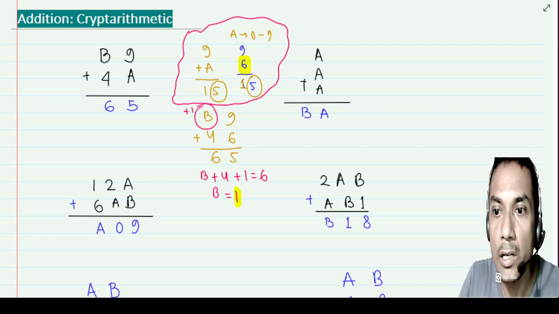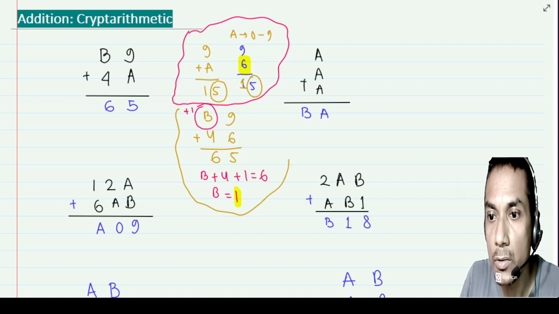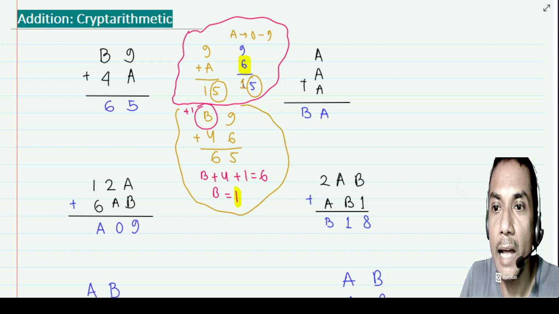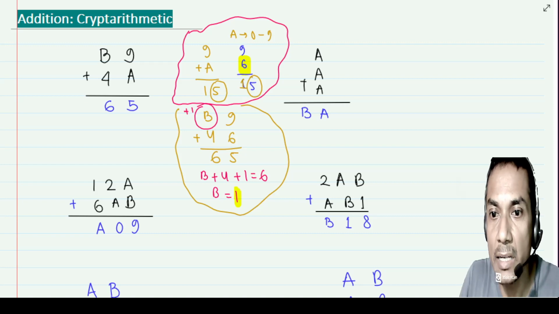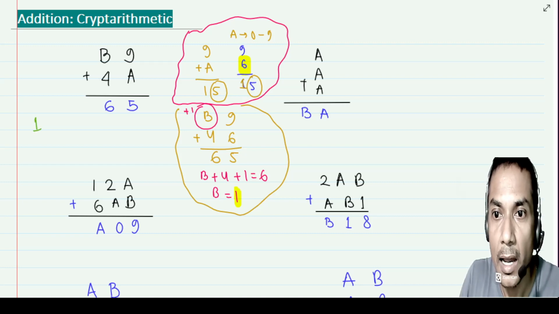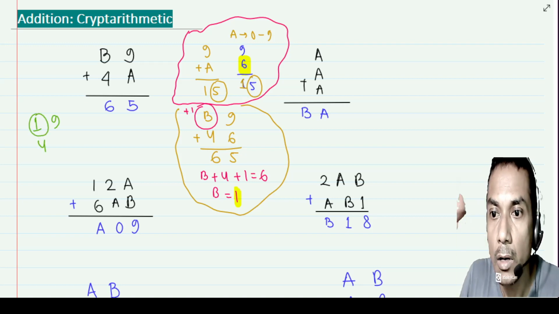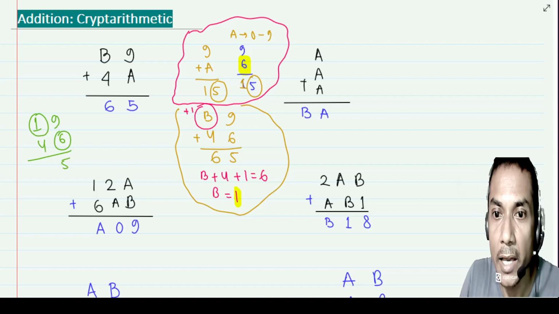Now what you have to do? You have to replace the value and check whether it is correct or not. So B is replaced with 1, and here it is 9 as it is, and 4, and A we got 6. You add again, then you add 5, carry forward 1, 6.